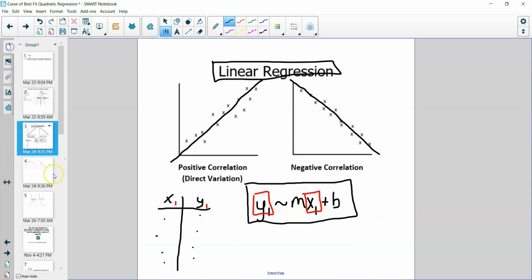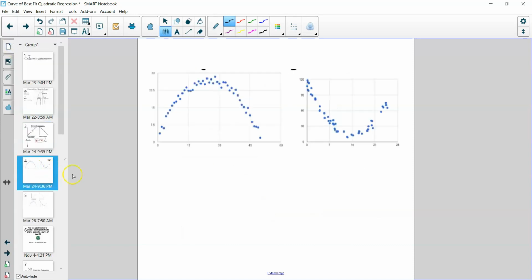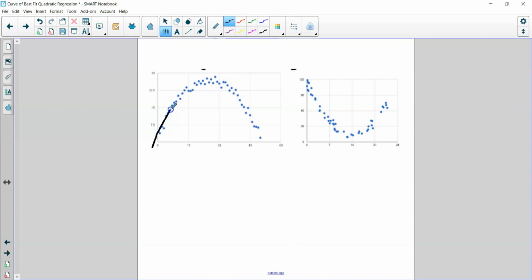And so today we're going to be talking about quadratic regression. For a quadratic graph, we're going to have data that kind of fits a curve. We've been talking about quadratics or parabolas over the last couple weeks. So we're going to find a curve of best fit, because a line would not model this very well, but a U shape does.